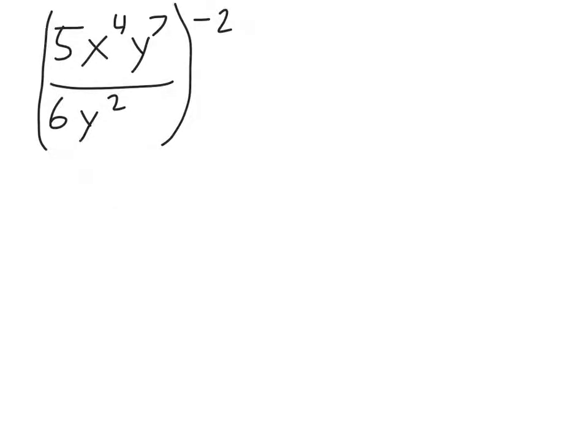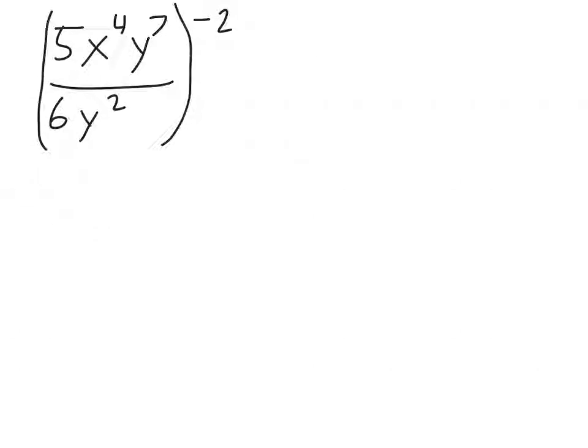Alright, let's do one more example. So here we have 5x to the fourth, y to the seventh, divided by 6y squared, all raised to the negative 2. So remember when I said if you're raised to a negative exponent, first thing you do is flip this entire fraction. Flip it upside down.